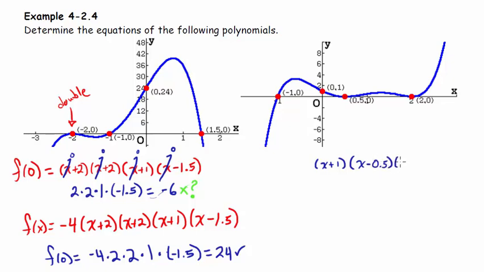That's probably the easiest. And then I'm going to have 2 factors of x minus 2 for this double root right here. Does everyone see? This one is going to be a double, and this one is a double root.